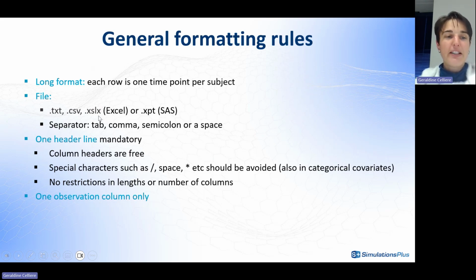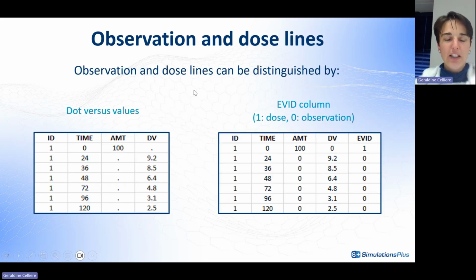The file format itself can be a TXT, CSV, Excel, or SAS. We need to have 1 header line, and all different types of observations need to be in 1 single column. If we look in more detail at our example, we have dose information and observation information, so we would usually separate dose lines and observation lines.